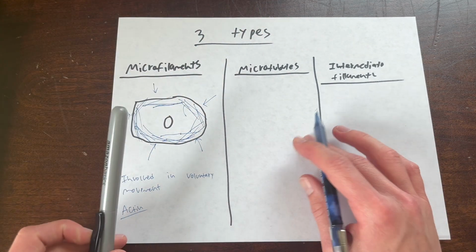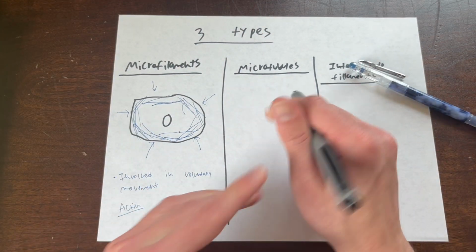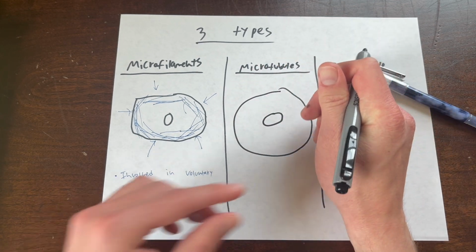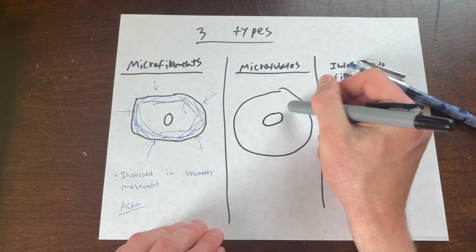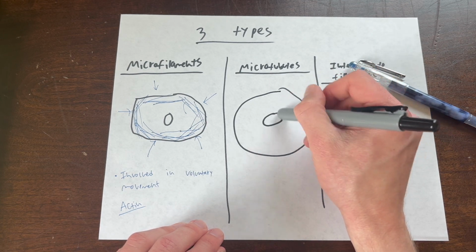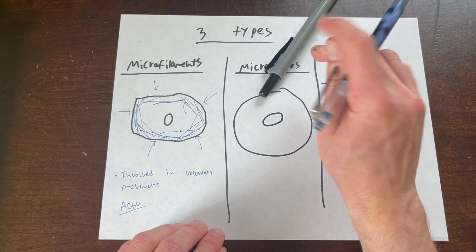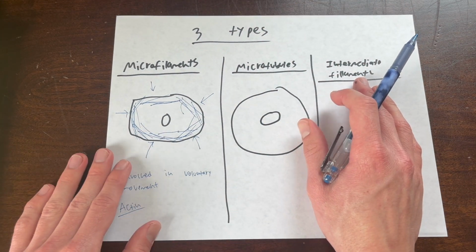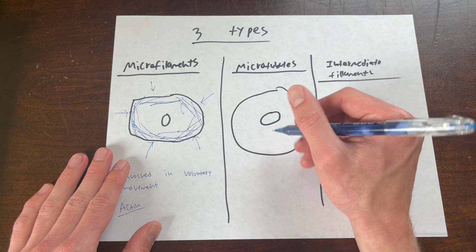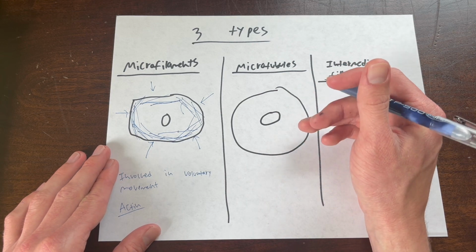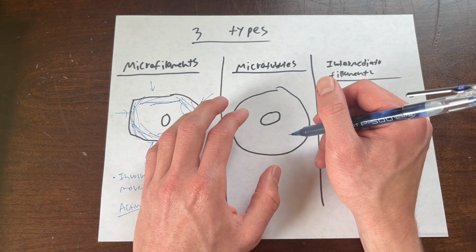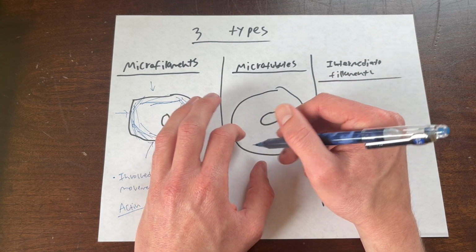Next up, we have microtubules. Let's draw another cell. So remember, cell membrane, interior of the cell, the nucleus. Microtubules are basically highways inside the cell. So if you think of a cell, you realize it's not just some ball, but it's actually organized into organelles and things, and there's certain places and certain things.